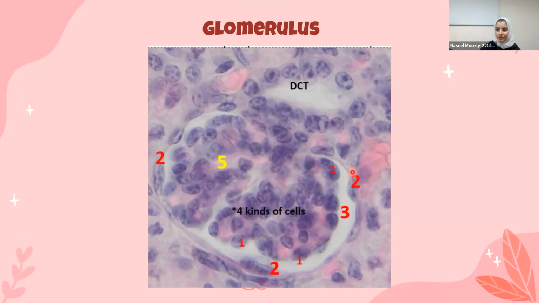Now number two would be, come on guys, you just answered this. It's the same exact thing. Parietal epithelium of Bowman's capsule. And then three would be Bowman's space. Okay, guys, I'll spare you. And five would be the other side, the actual blood vessels. Got it?